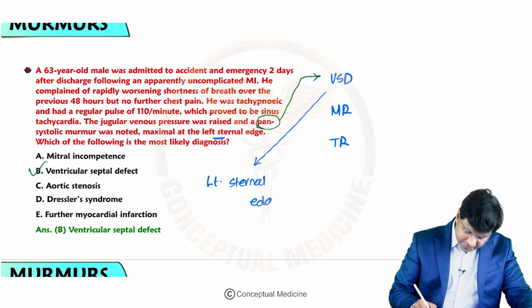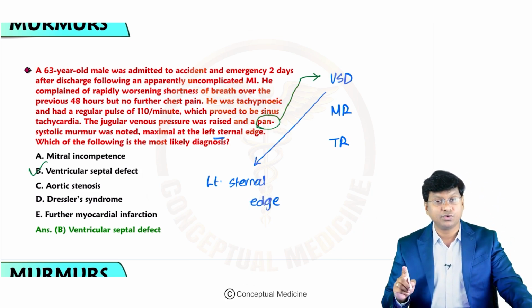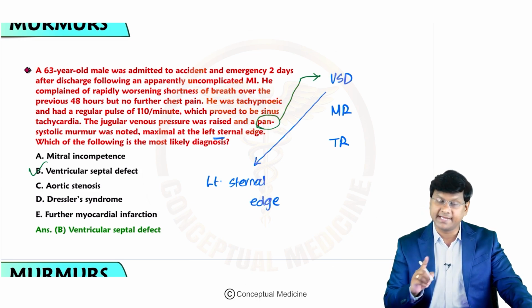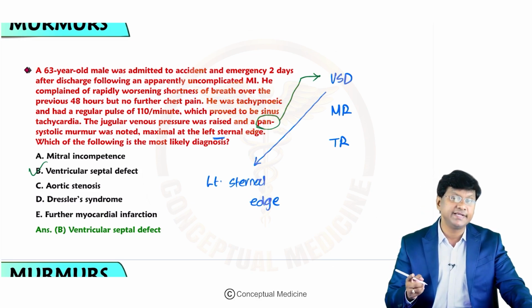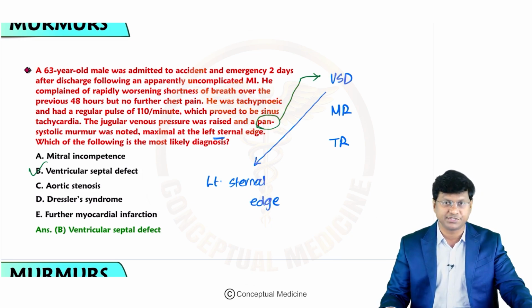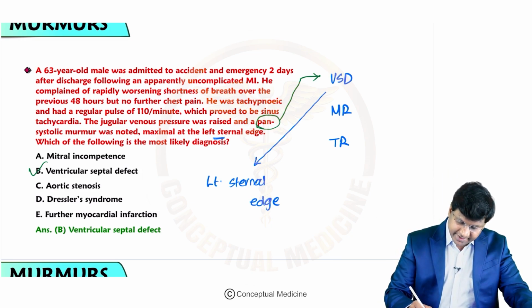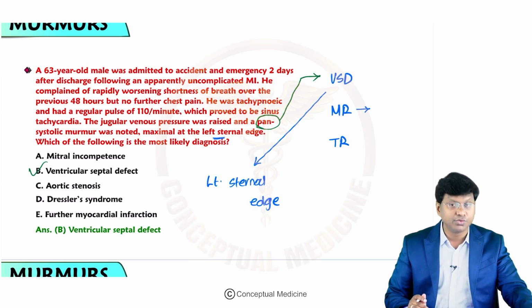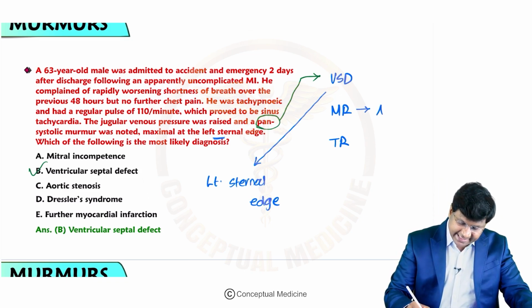There is no radiation of the murmur and no increase in the intensity of the murmur on inspiration. Whereas the mitral regurgitation murmur is also a pansystolic murmur, but it will radiate to the axilla, right? But it will radiate to the angle of scapula.